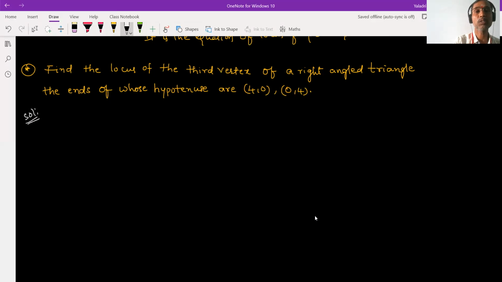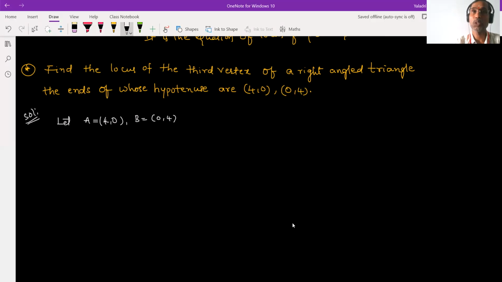Now, you should write down the data. Let A equal 4, 0 and B equal 0, 4. And in the question, it is given the locus of the third vertex of the right angle triangle.